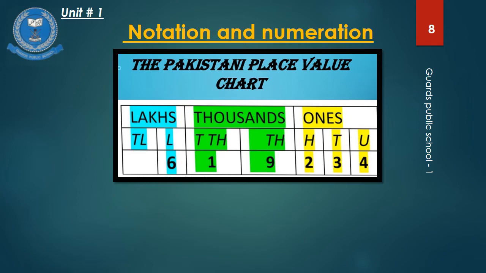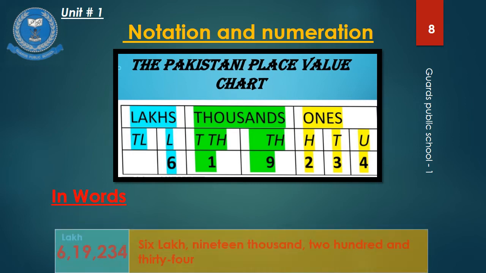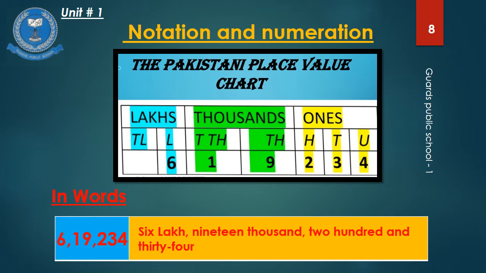Now how to put the commas between the different places? Here is a very simple trick to learn the insertion of commas: there are 3 members in the ones place and 2 members in the other periods. Now in this chart there are 3 families, ones, thousands and lakhs. In the ones family or period there are 3 members, or we call them places: ones, tens and hundreds.